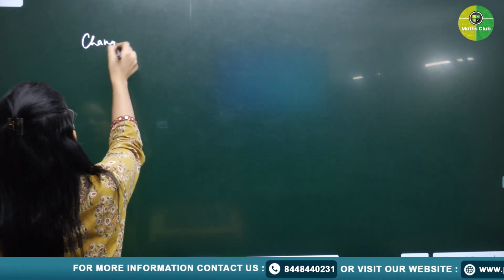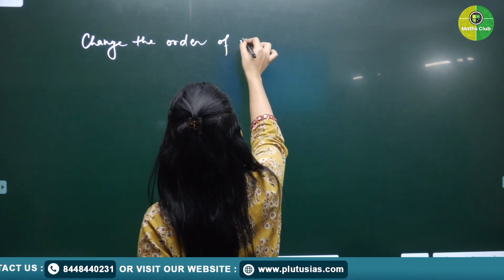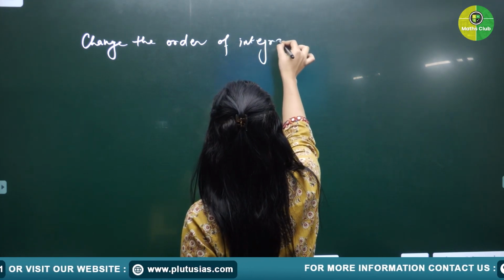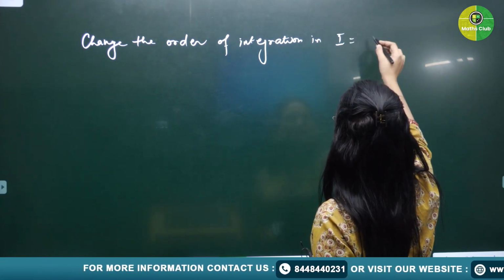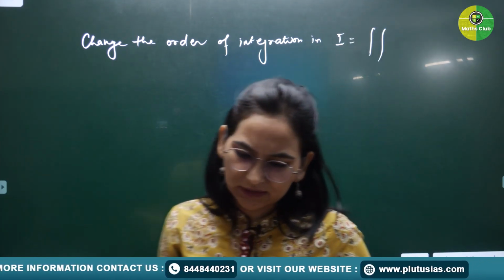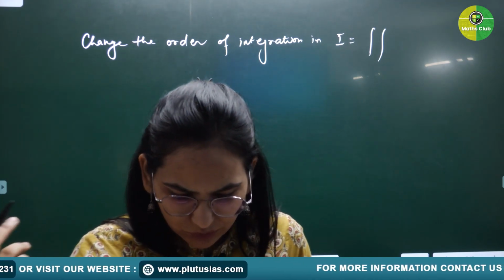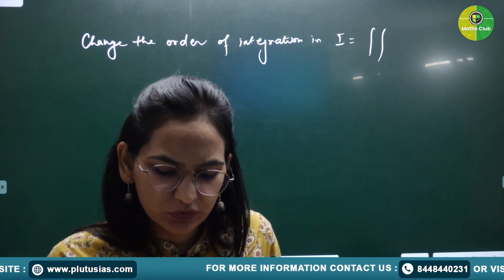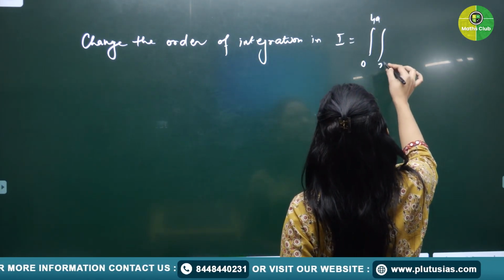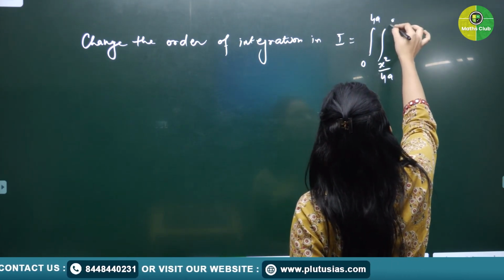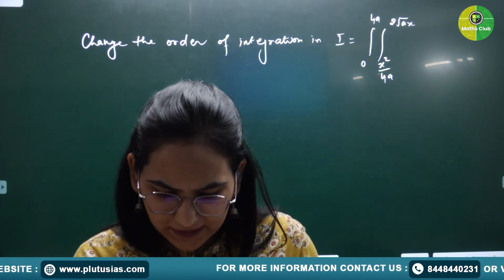Change the order of integration in the integral I, which is given as a double integral, where the first limit is 0 to 4a and the second limit is x square by 4a to 2 root ax, and the function is dy dx.